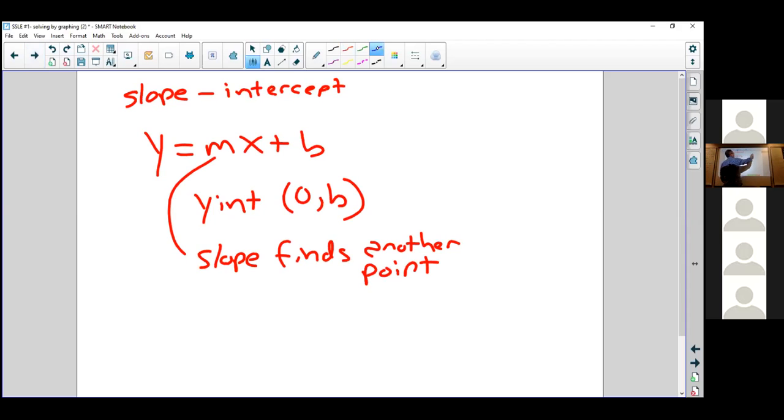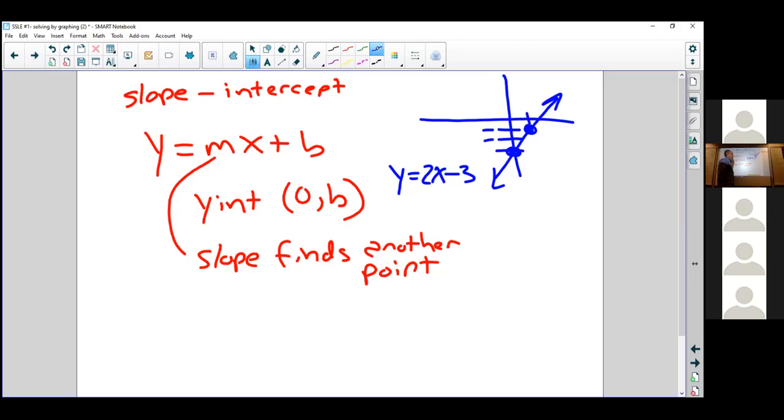So if I said I want to graph y equals 2x minus 3, I'd plot -3 down here, and then I would go up 2, right 1, and we'd have that. So that's our first method of graphing. That's slope-intercept, when it's solved for y.